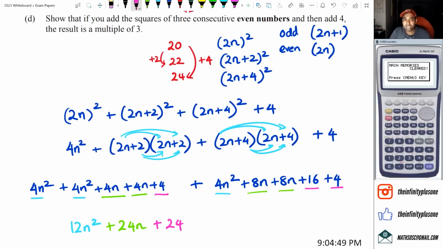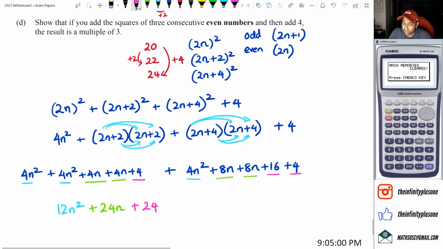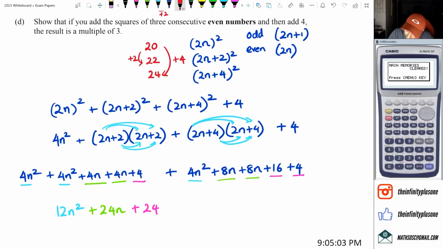But the question is saying, show that the result is a multiple of 3. Now, for something to be a multiple of 3, it has to be divisible, it has to have a common factor of 3. So think about it like this: if I have 12, I know 12 is a multiple of 3 because I could write this as 3 times 4. If you think about a number like 24, I know that this is 3 times 8 because 24 is a multiple of 3. So when I look at this algebraic equation, can I take a 3 out?